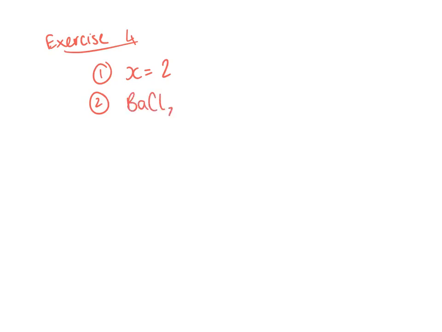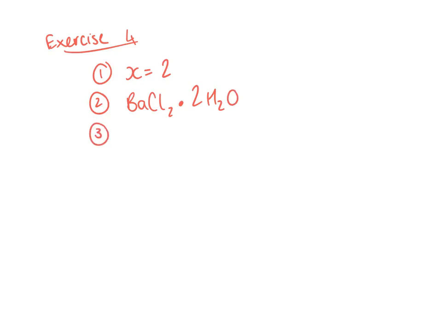So I'm just going to give you the answers to exercise 4 so that when you're doing them at home, you know if you're getting the right answer. So exercise 4, calculating the degree of hydration. Number 1, it works out that your ratio is 1 to 2, so X is equal to 2 waters of crystallization. Number 2, it asks for the full formula, so you need to write it as BaCl2 dot 2H2O, again a ratio of 1 to 2.